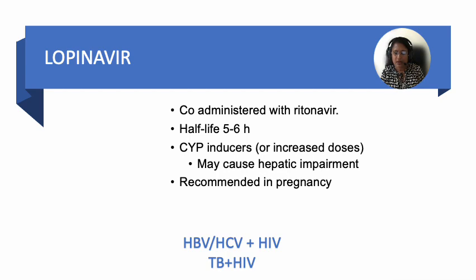They are contraindicated. So when a person is co-infected with TB and receiving HIV antiretroviral treatment with a boosted protease inhibitor like lopinavir, rifampicin needs to be substituted with rifabutin.